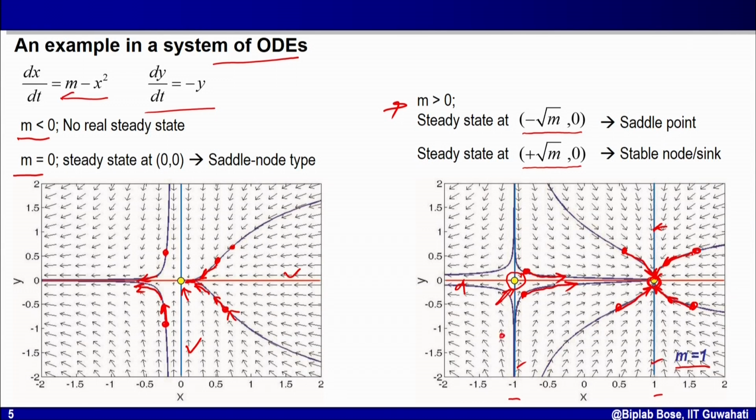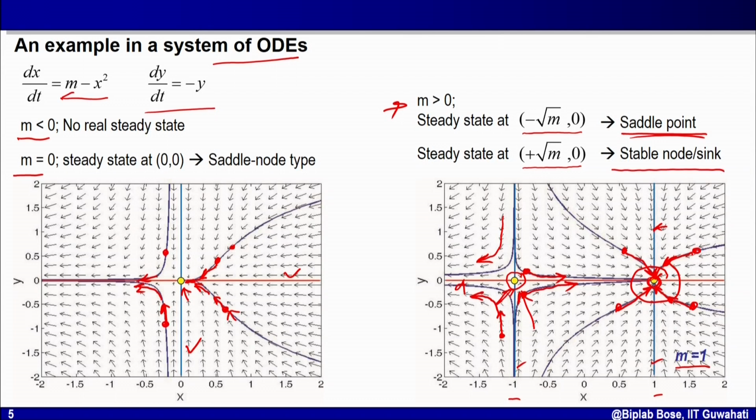If I start from somewhere here at t equal to 0, I will move towards the steady state and then diverge away. So the same thing here also. So you can easily recognize this particular steady state is nothing but a saddle point, whereas the other one, this one, is a stable node and sink.